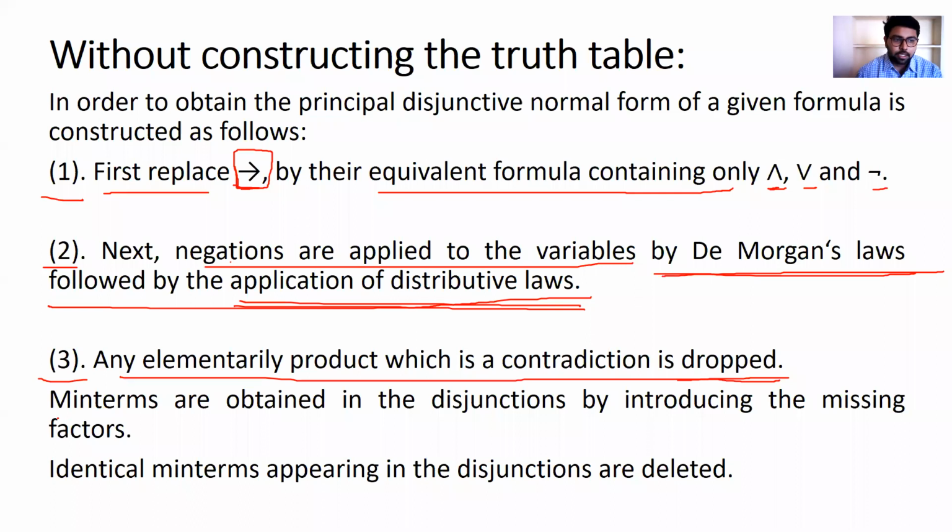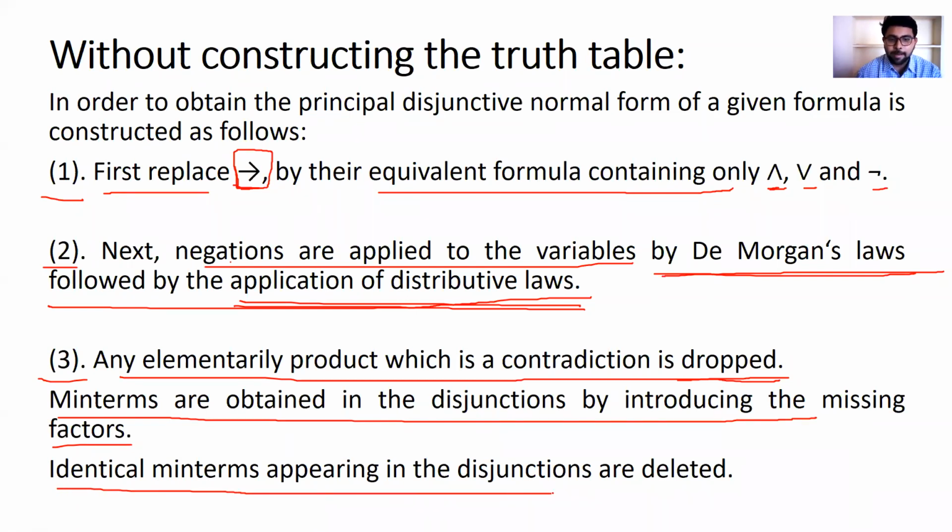Next, minimum terms are to be obtained in the disjunction by introducing the missing factors. If any factors are missing, we are going to introduce them. How, we are going to see in an example. And identical minimum terms appearing in the disjunctions are deleted.